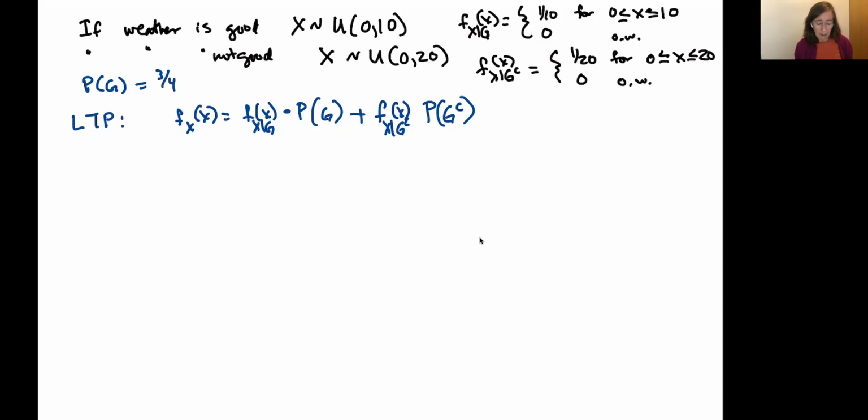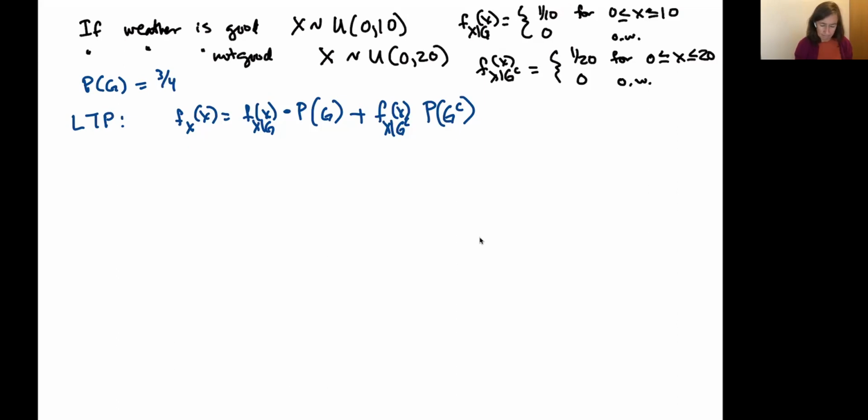Because the component PDFs, the two conditional PDFs, are step functions, yes, 1/10 for this case, 0 for the other, 1/20th, etc., we're going to expect our unconditional probability to also have cases like that.